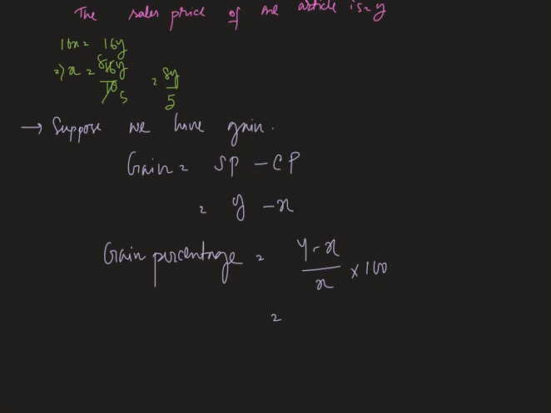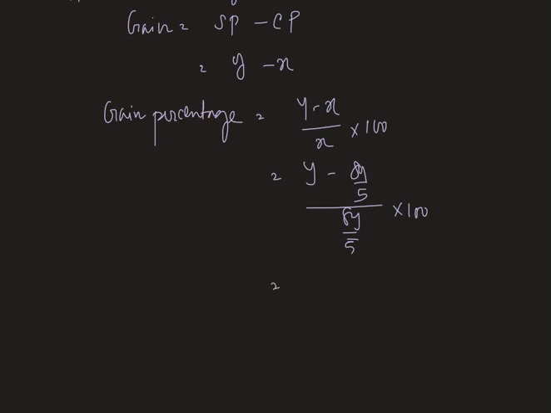Now we already have the value of X in terms of Y. So we have Y minus 8y by 5 divided by 8y by 5 into 100. So this results in minus 3 by 5 into 5 by 8y into 100.